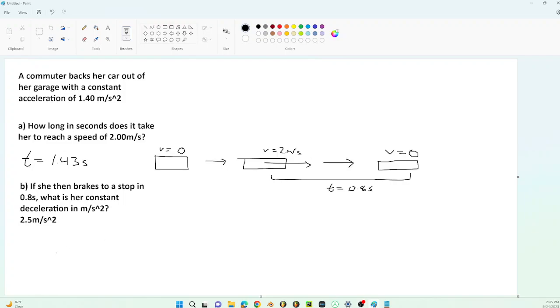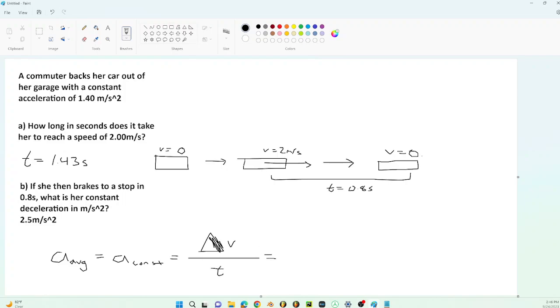Let's use our formula again. Acceleration, we're going to use acceleration. This gives us average acceleration or acceleration at constant acceleration. And this is going to be equal to change in velocity over time. So what is our change in velocity?